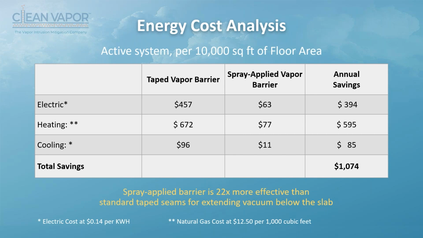So what we did is we did a study and we normalized these prices. And what we found out was that if you equilibrate this to 10,000 square feet of building, these type of savings combined can be up to $1,000 a year per 10,000 square feet. So if you have a 50,000 square foot building, you can be saving $5,000 a year just in energy costs from installing an efficient system.